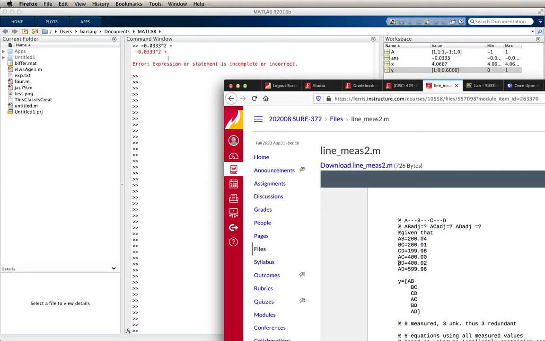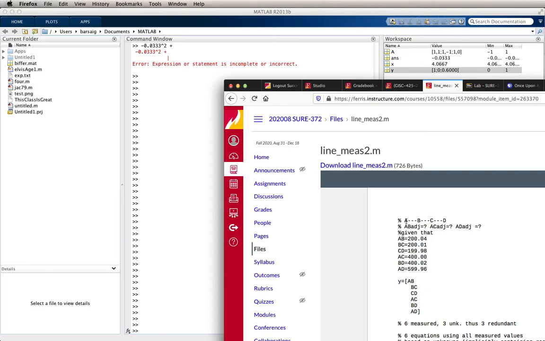Given 6 measurements, AB, BC, CD, AC, BD, and AD. So these are the 6 given measurements.